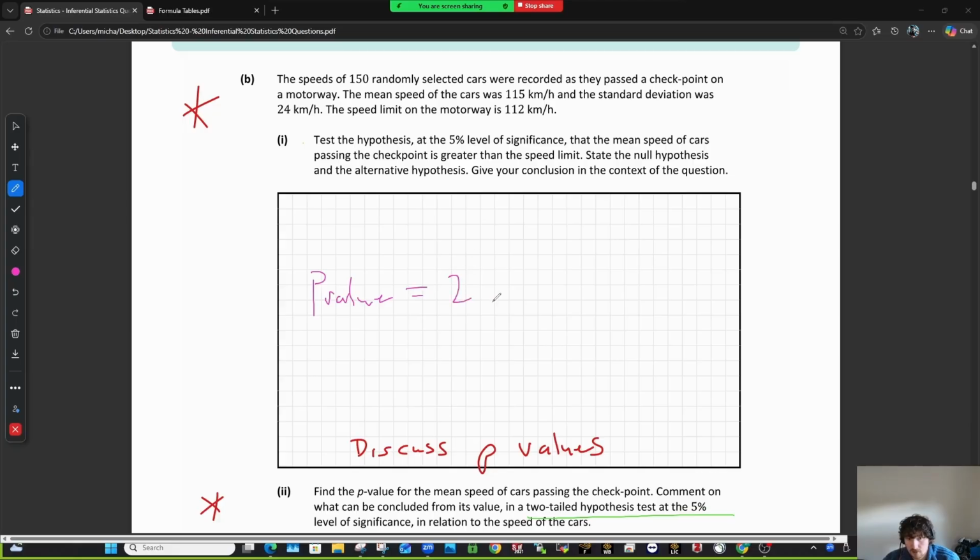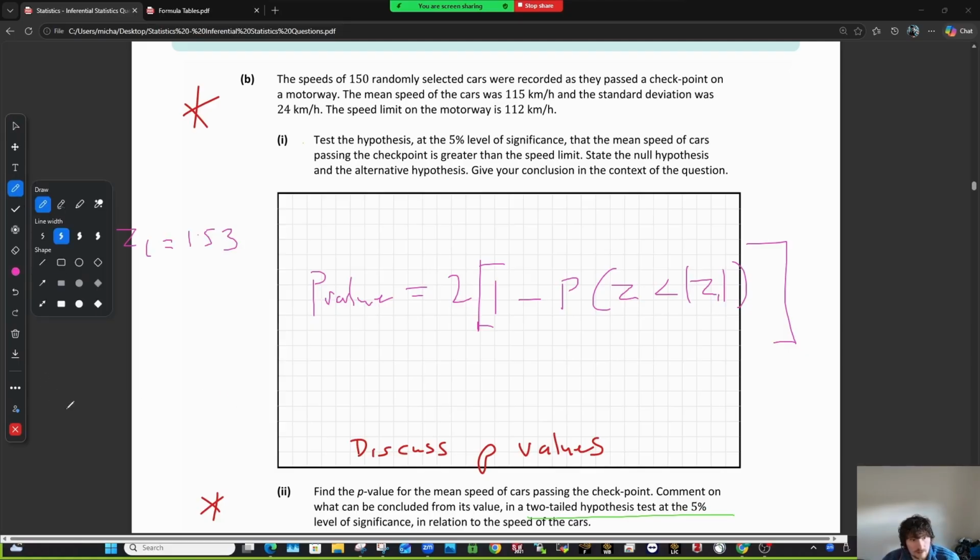The p-value in a two-tailed test, a p-value is an area, as we previously discussed. And we go 1 minus the probability that z is less than the modulus of this test score, we can call it z1. Our test score was, what was it, 1.53? The reason there's a 2 there, bringing up our discussion on p-values again: this is a 0 here.